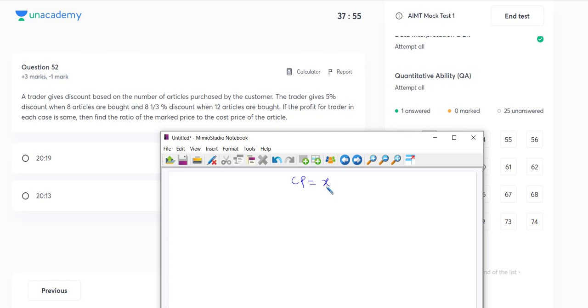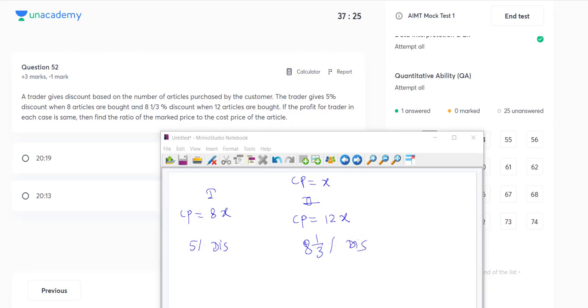In the first case, total CP is going to be 8x, and the trader gives 5% discount here. In the second case, number of articles is 12, so total cost price is going to be 12x, and the discount is going to be 8 1/3%.